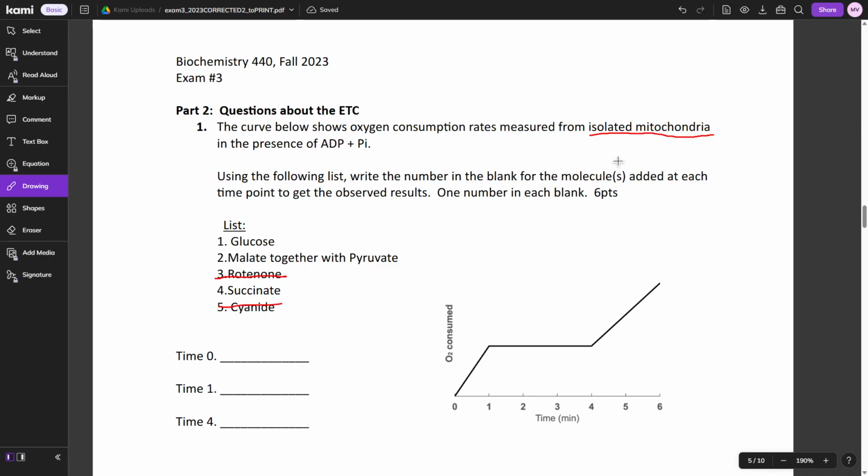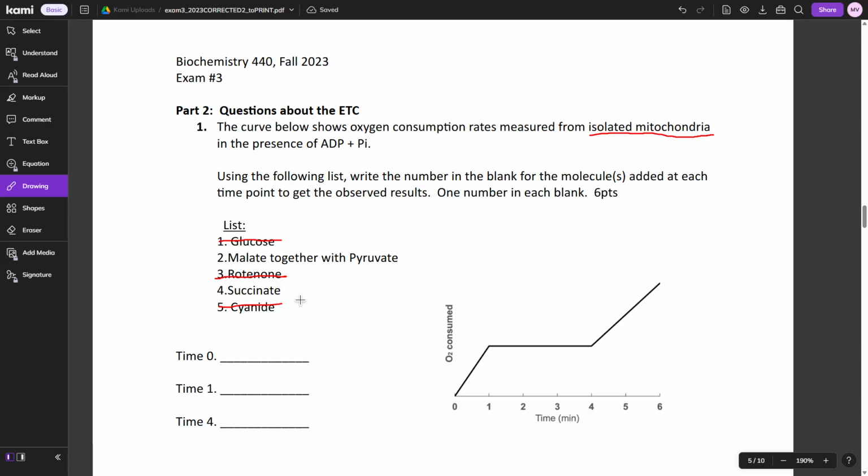Isolated mitochondria means that we cannot use glucose because glucose has no way of being turned into anything if we don't have our cytosol and our cytosolic enzymes. That is why reading the question is really important for these tests, because they sometimes throw in nonsense like that. Okay, so now we have malate together with pyruvate and succinate.